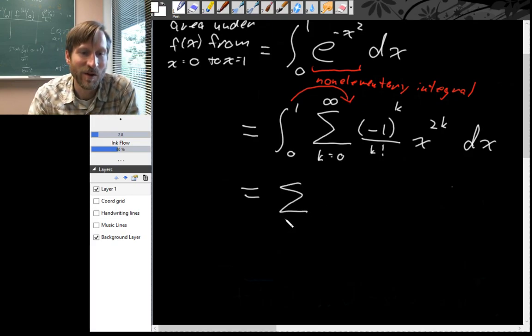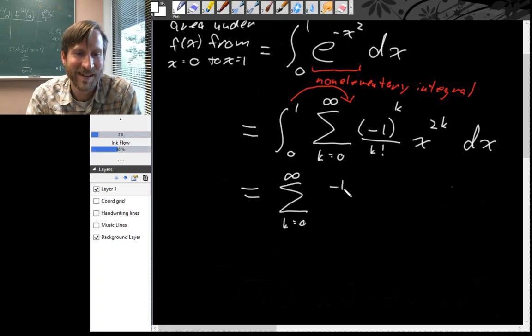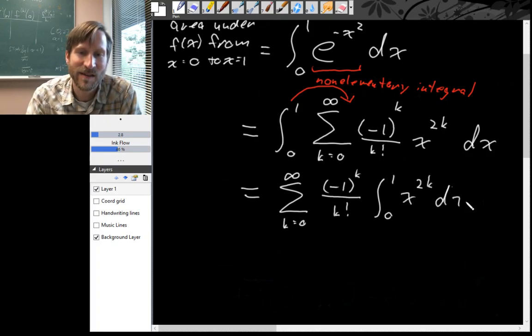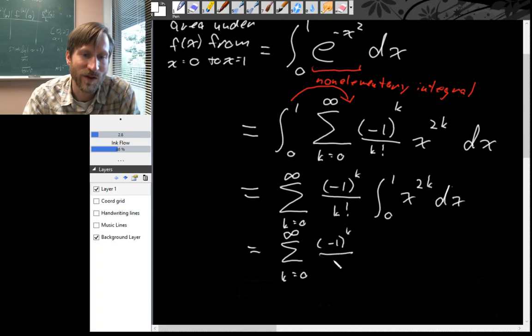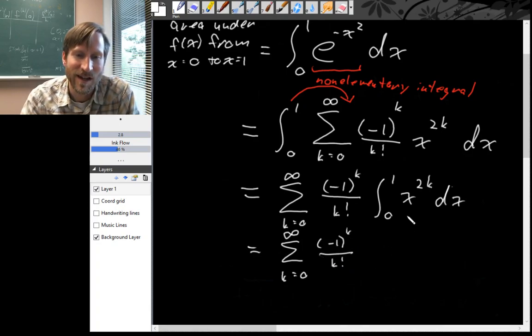So sum from k equals 0 to infinity of, we can also move the constant outside the integral, so minus 1 to the k over k factorial times the integral from 0 to 1 of x to the 2k dx. Okay, now we have to do this integral.